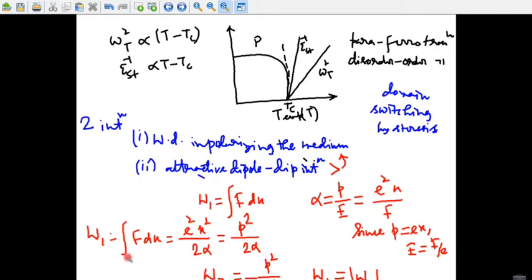Therefore, W1 equals the integral of F dx. If we put in the value of F, it is E square x square divided by twice alpha, that is P square by twice alpha.